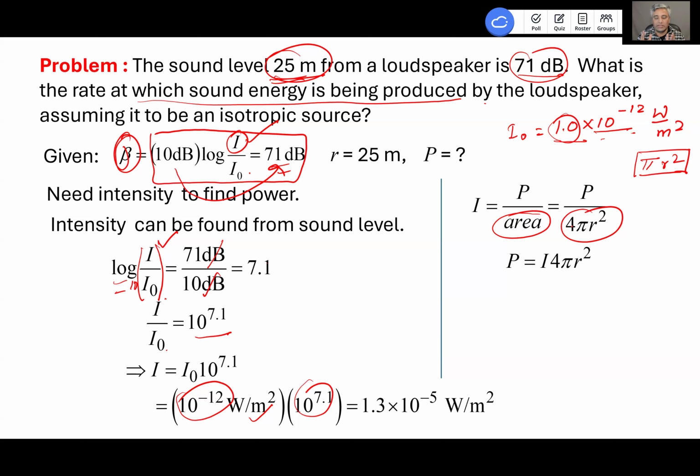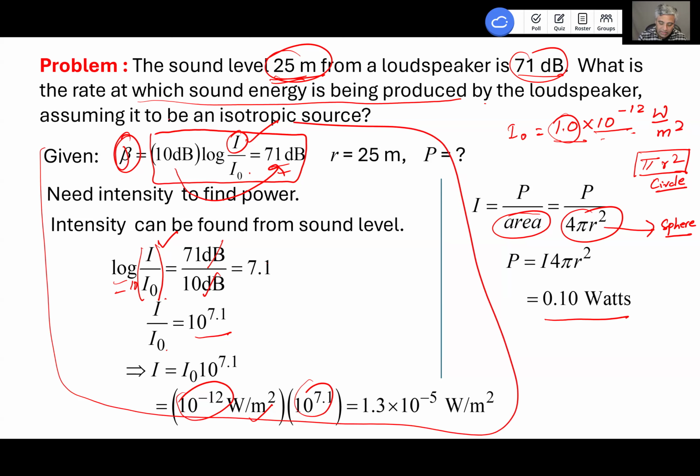So it is like a sphere. This is for a circle, 2 dimensions, but sound travels in 3 dimensions. So that's why we need to use the area of a sphere. Once we do that, we can find the power.